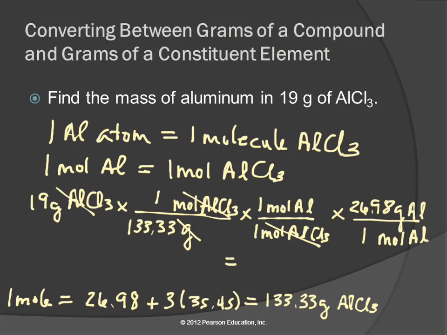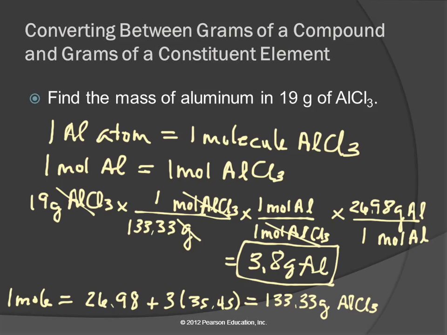And that should have 2 sig figs because of that 19 that we started with: 3.8 grams of aluminum. So what this is telling us is if you have a 19-gram sample of the compound aluminum chloride, 3.8 grams of that mass is from the aluminum.